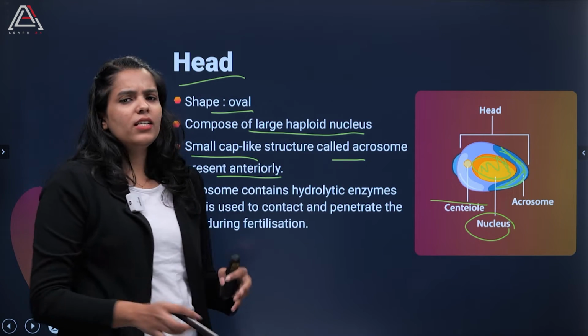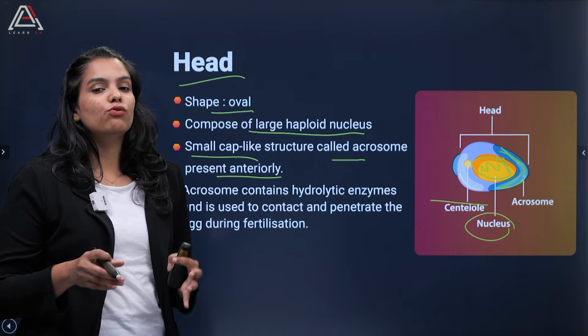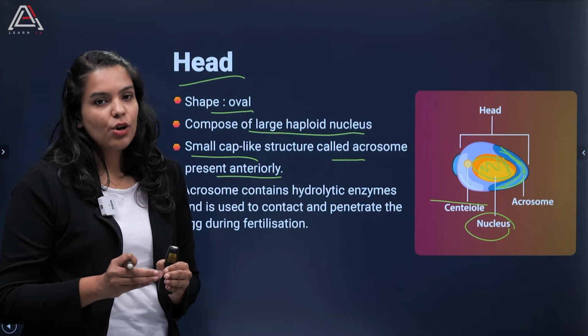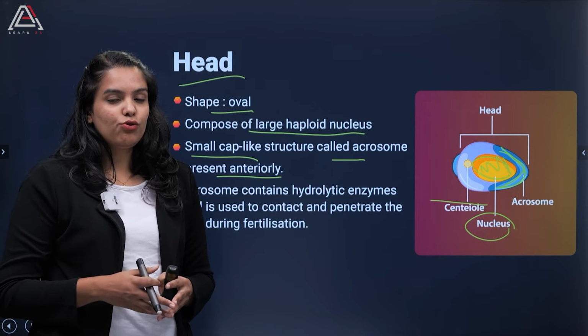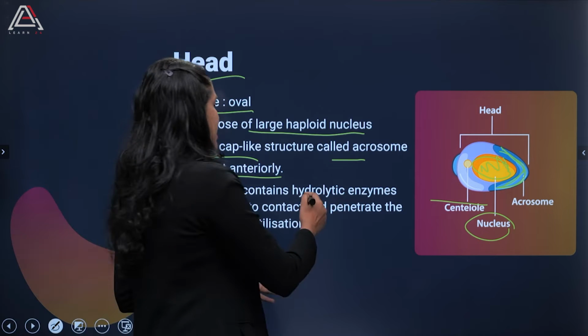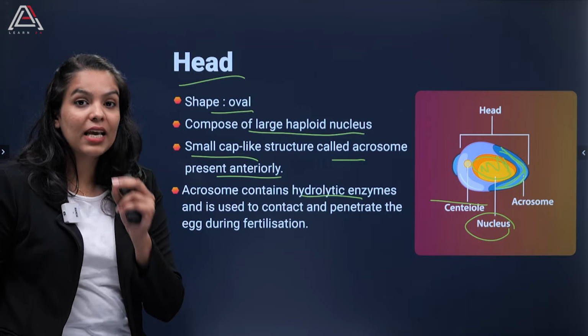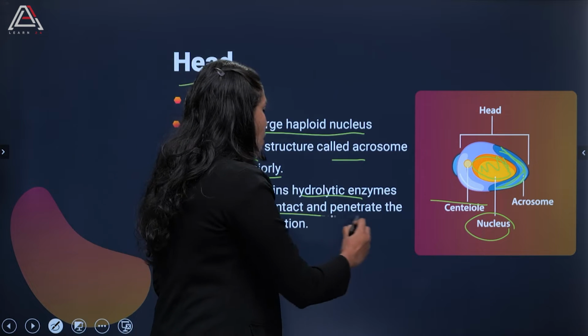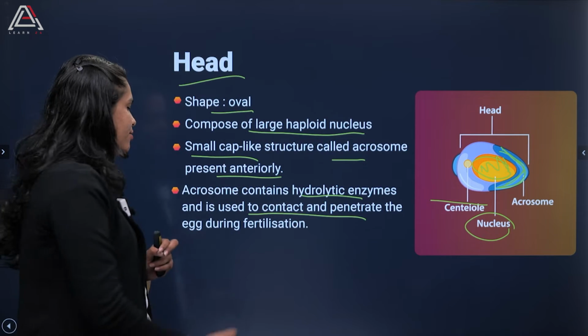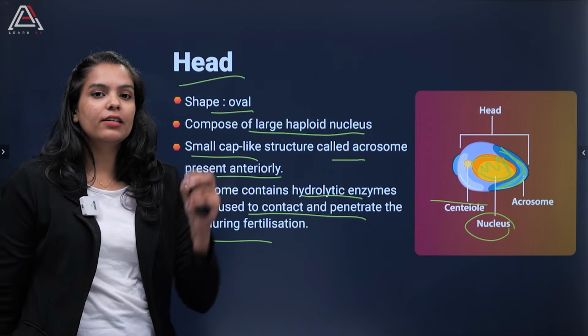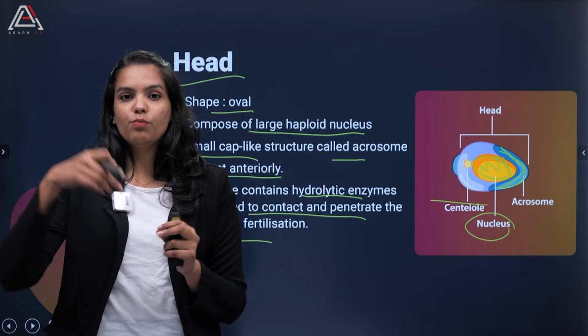Now the acrosome consists of enzymes. Inside the acrosome there is a hydrolytic enzyme, which is used during the contact and penetration of the egg by the sperm.